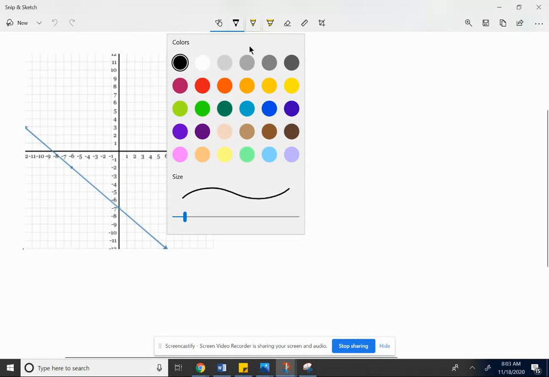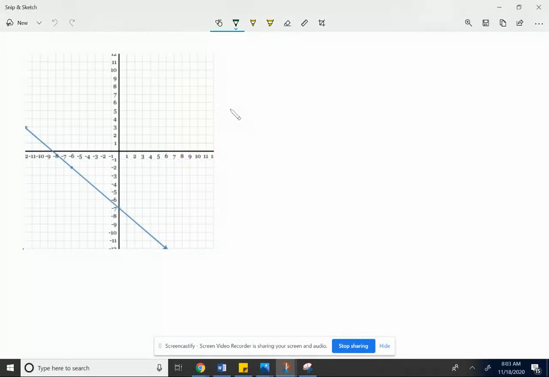Let's find the slope by starting with, I like to go from the point on the left to the point on the right. You don't necessarily have to. If I'm going from the point on the left to the point on the right, I want to go up or down first when I'm doing slope.